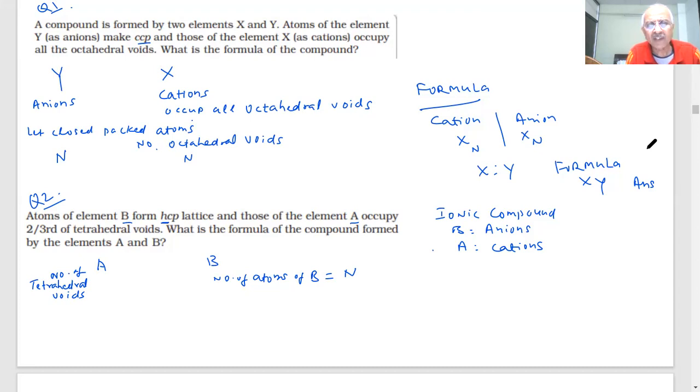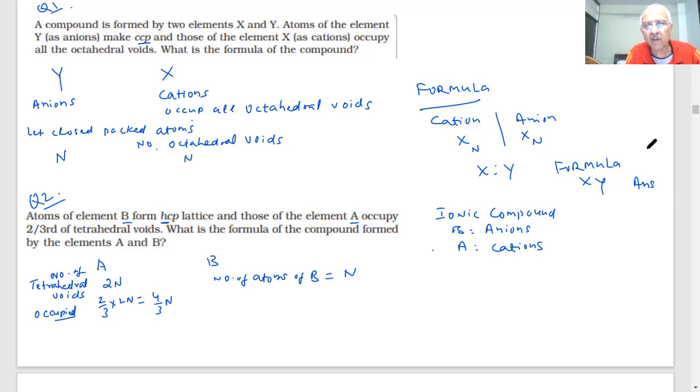If there are n, the tetrahedral voids will be 2n. Octahedral void is the same as n, tetrahedral number is double. How many are occupied by A? 2/3 of this. What does it come to? 4/3 n.